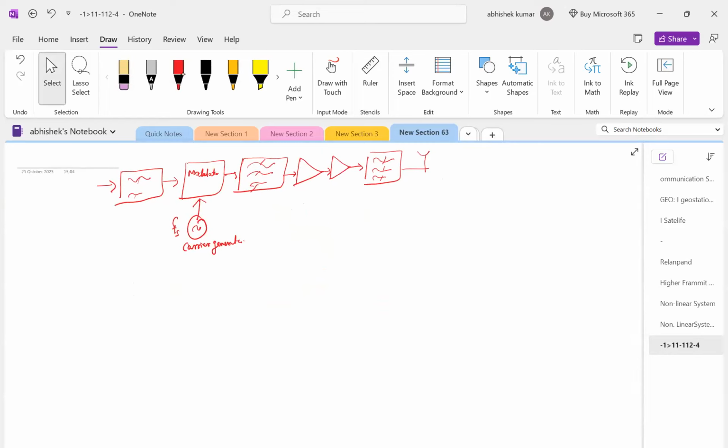This is your non-linear system. This is your wireless transmitter.